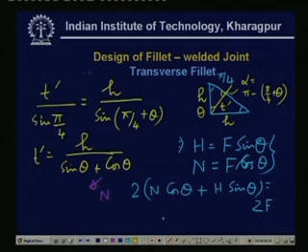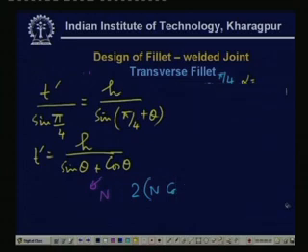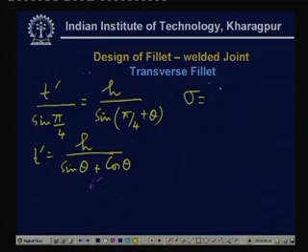So, if you want to calculate now the maximum shear stress or normal stress across that section, then you get the following relationship. The normal stress will be equal to N divided by the area, that is T prime times L length.